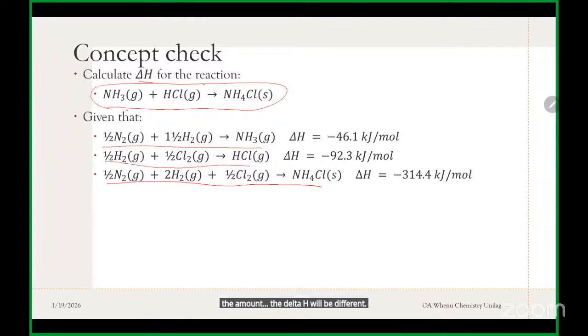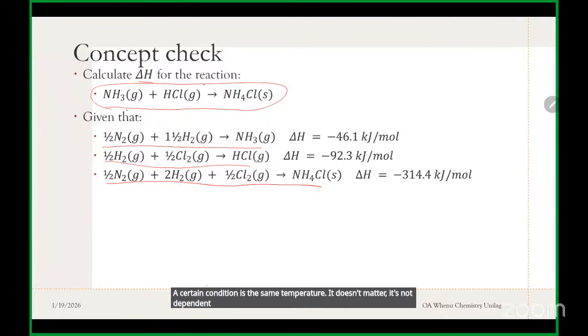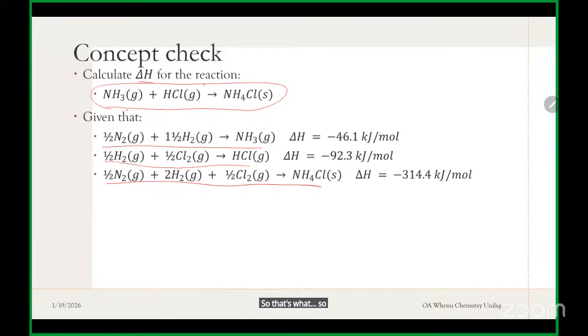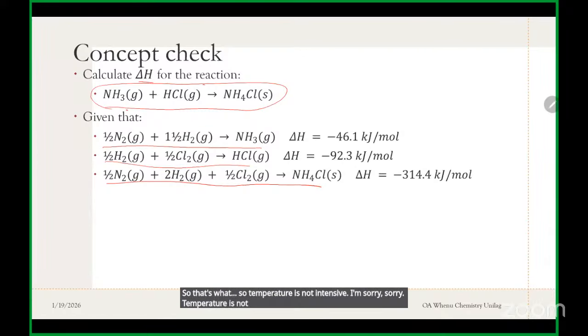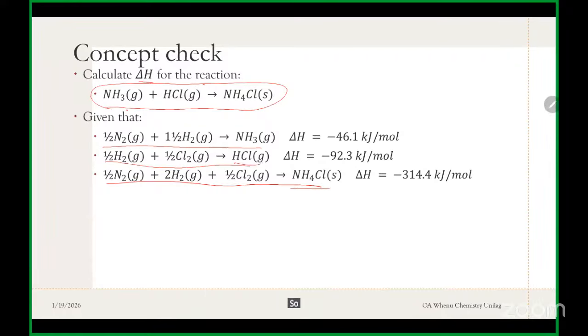So there are some things, temperature does not depend on the amount. So it's the temperature of 50 mils of water at certain condition is the same temperature. It doesn't matter. It's not dependent on the amount. So temperature is not extensive. It is intensive. So looking at this, you would realize it is their heat of formation, and we have NH3.